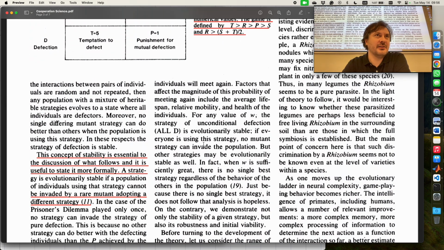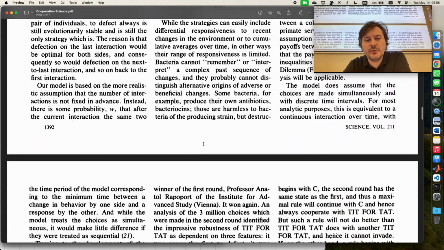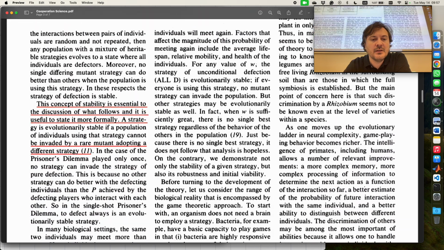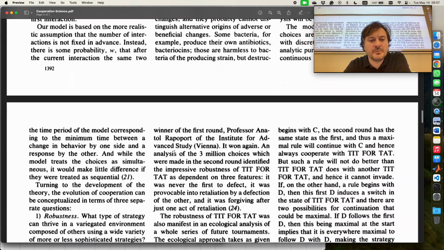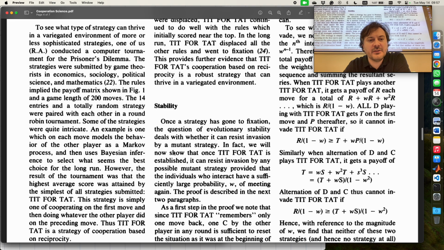So they basically, there's a paper and you can read it. Towards the end of the paper, they make a game and they involve people in it. So the model is here. It's basically prisoner's dilemma. And they invite people to submit strategies.